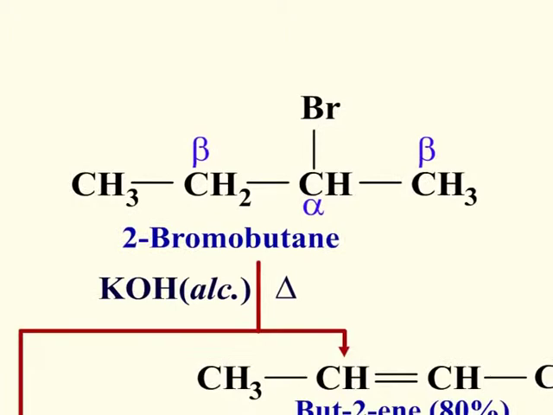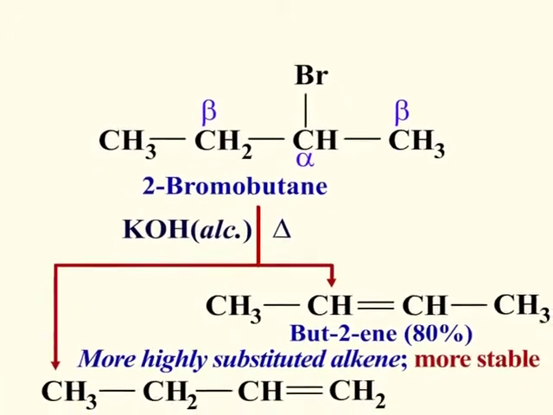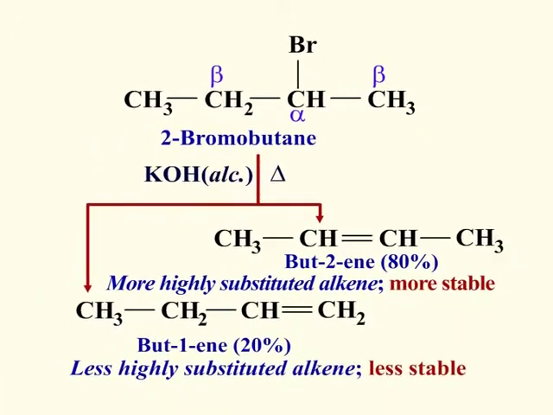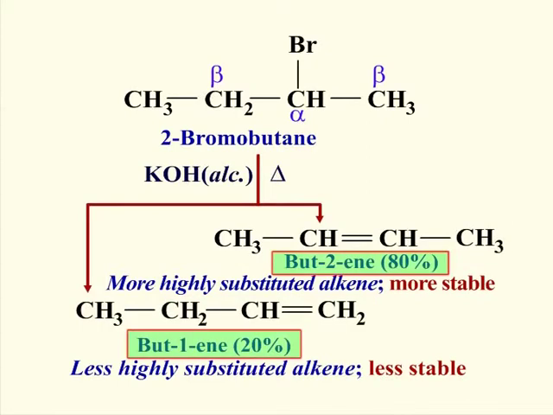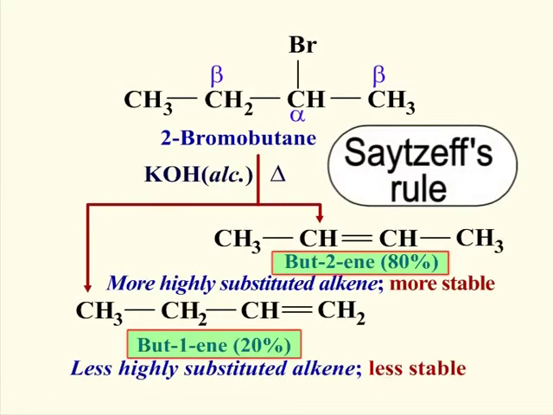If, however, the structure of the alkyl halide is such that it has a beta hydrogen on either side of the carbon atom carrying the halogen, it can undergo elimination in two different ways, giving two alkenes. The relative amounts of these two alkenes are governed by Saytzeff's rule.